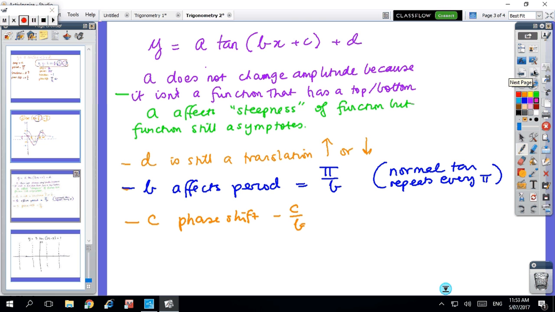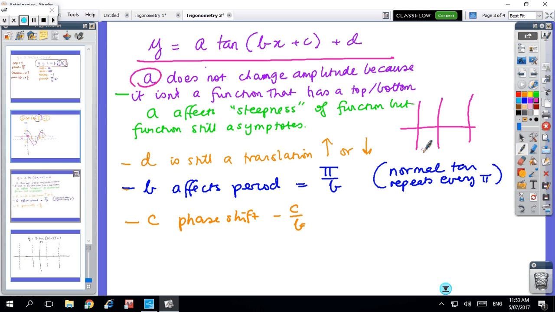Okay, so now we're looking at y equals a tan(bx plus c) plus d. Because the tan graph doesn't have an amplitude, basically the graph looks like that. The a doesn't change the amplitude, but it does have an effect on the steepness, so it does actually change the shape.